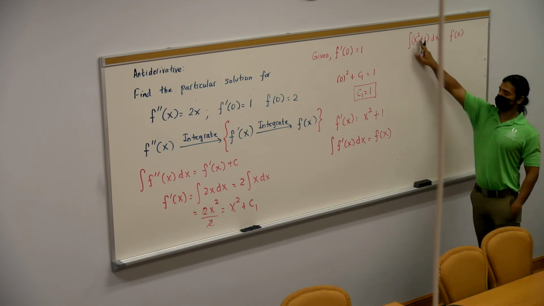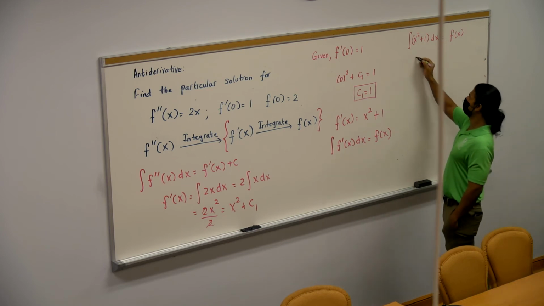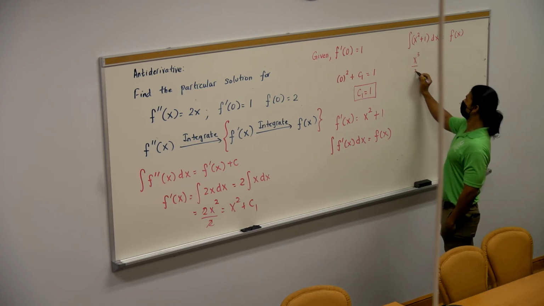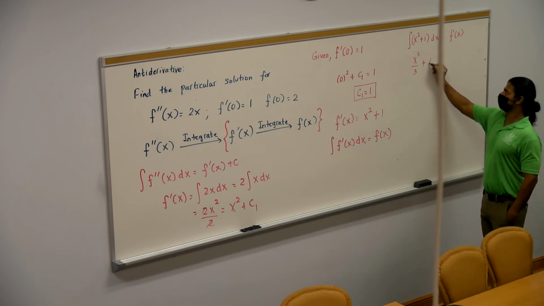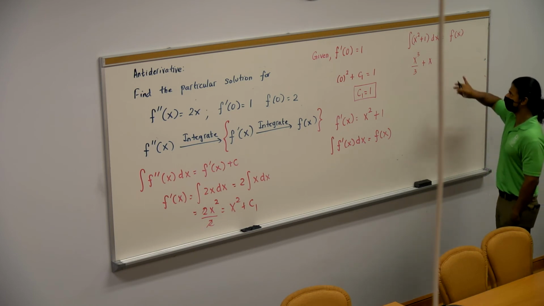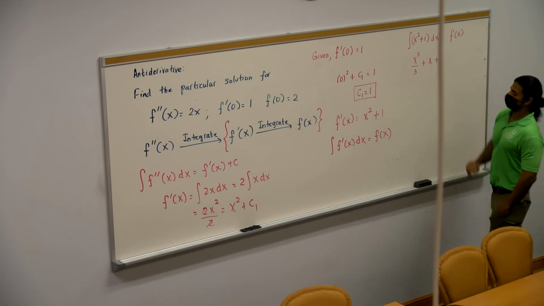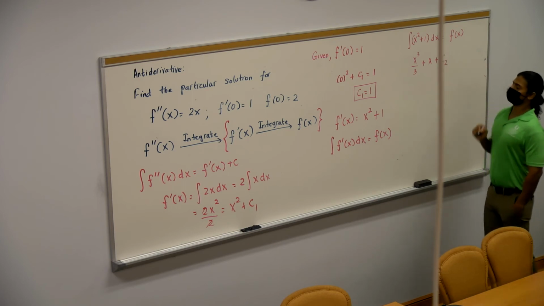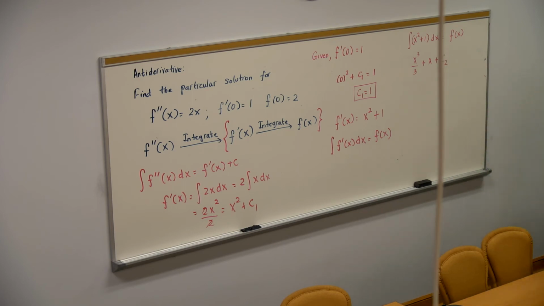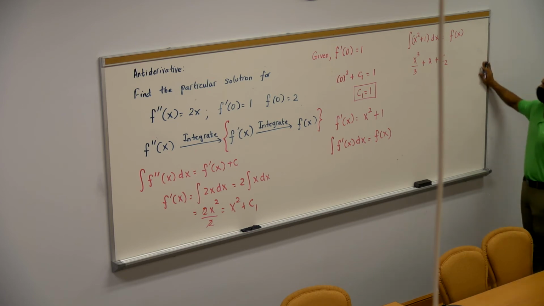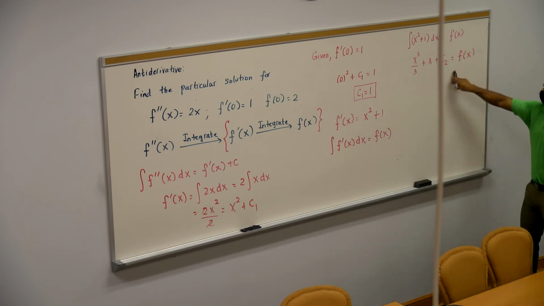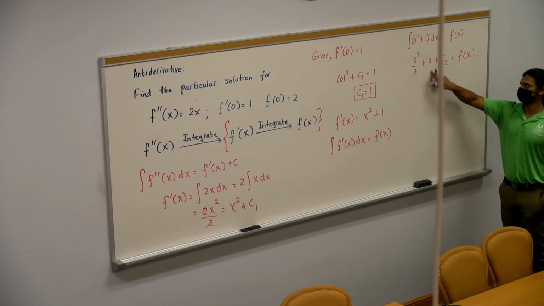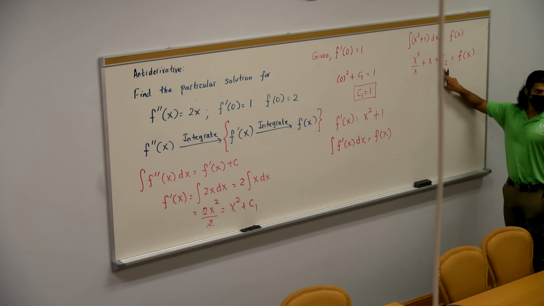What is the power here? It is 2. So if we integrate it, we have x cubed over 3, plus the integral of 1, which is just x, plus c. I'll call it C2, because it's the second constant. You can call the constant whatever you want, A, B. It's entirely up to you. So the function is equal to x cubed divided by 3 plus x plus C2.